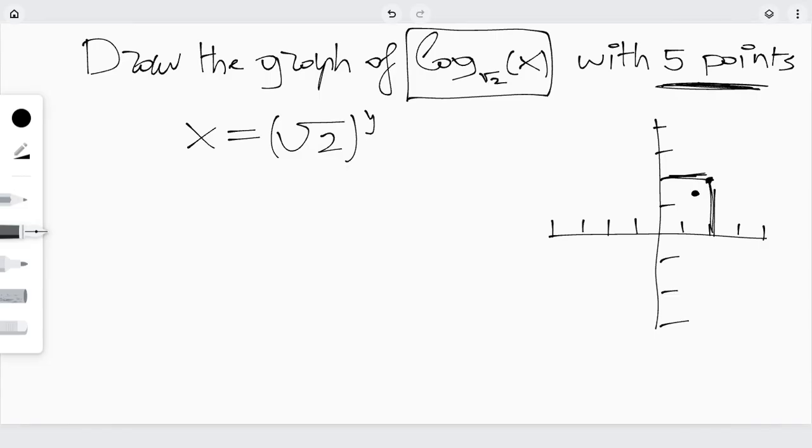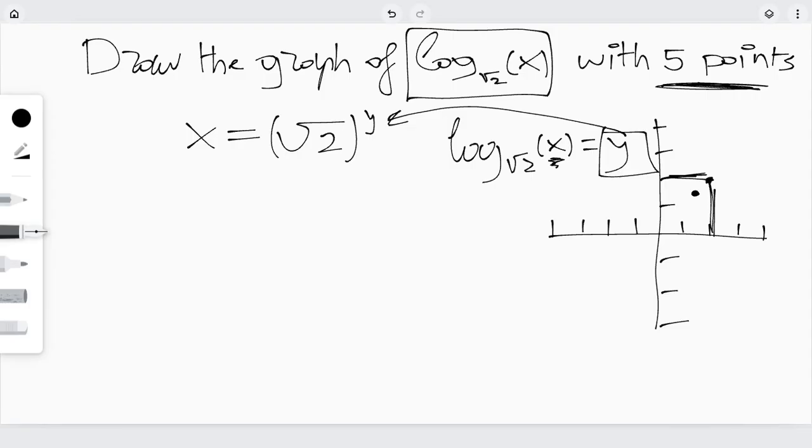Well, that follows directly from the law of logarithms. So this log base square root of 2 of x equals some y, and that is where this y comes from. So this is the relation that the x, the thing in the brackets, is always equal to the base raised to the power of whatever the solution is.